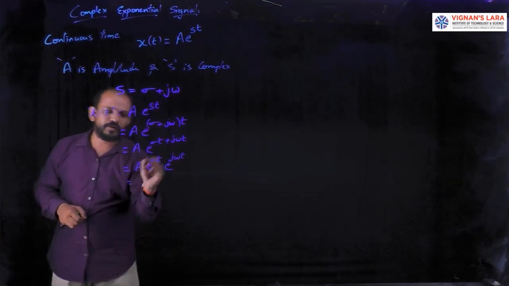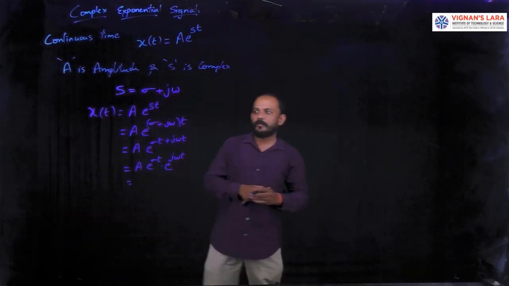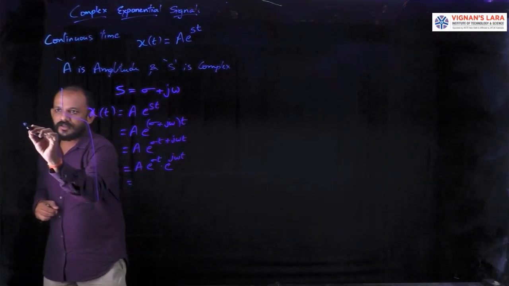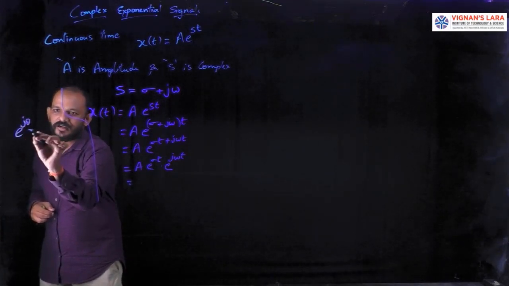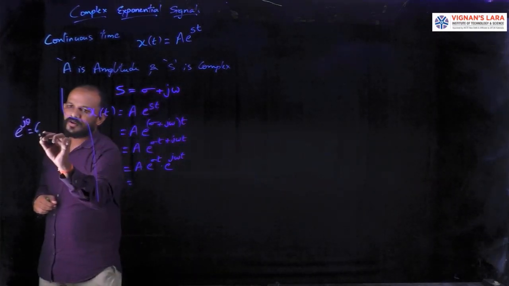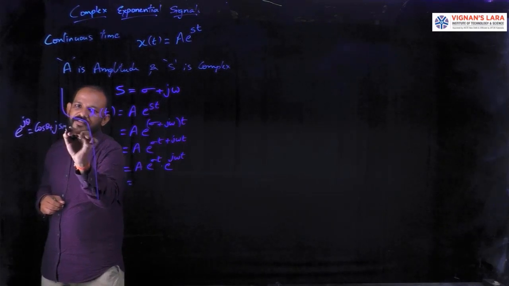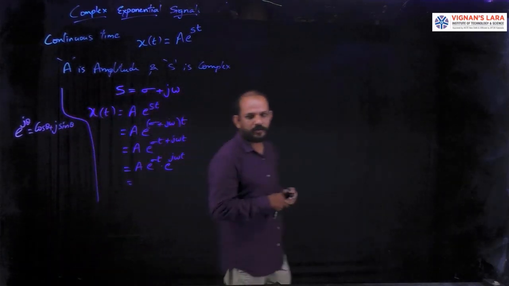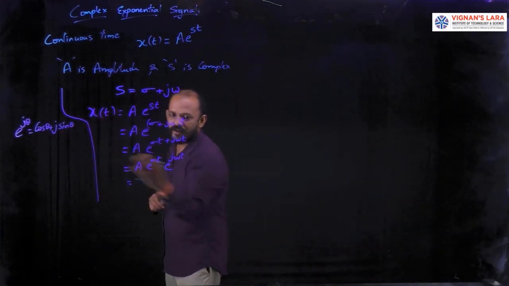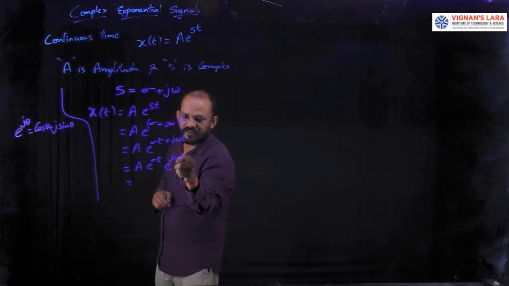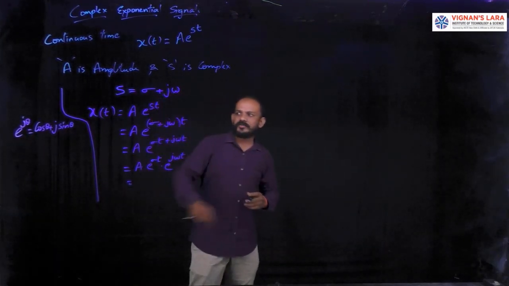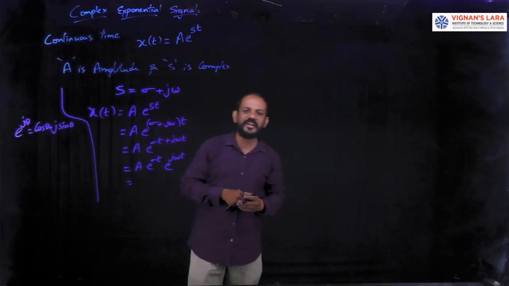Now you have to know the trigonometric formula for e power j theta. e power j theta equals cos theta plus j sin theta. Use the formula here: e power j omega t, treating omega t as theta, is cos omega t plus j sin omega t.